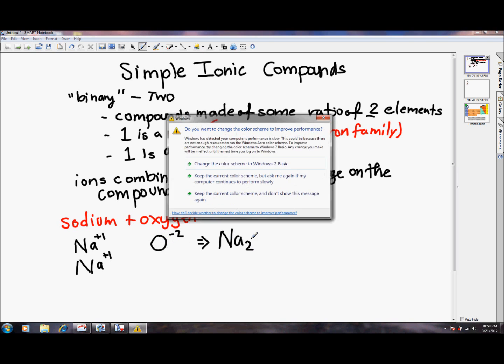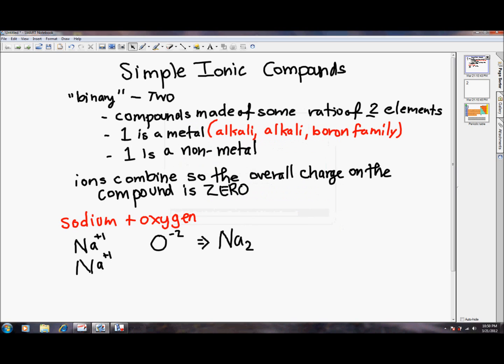In this case, there's only 1 oxygen. So we're going to write the symbol for O again, but we're not going to write a 1. In chemistry, 1s are kind of assumed. They're not absolutely necessary. Okay, so we don't write Na2O1. Also, please note that in the chemical formula, you don't see any pluses or minuses appear.